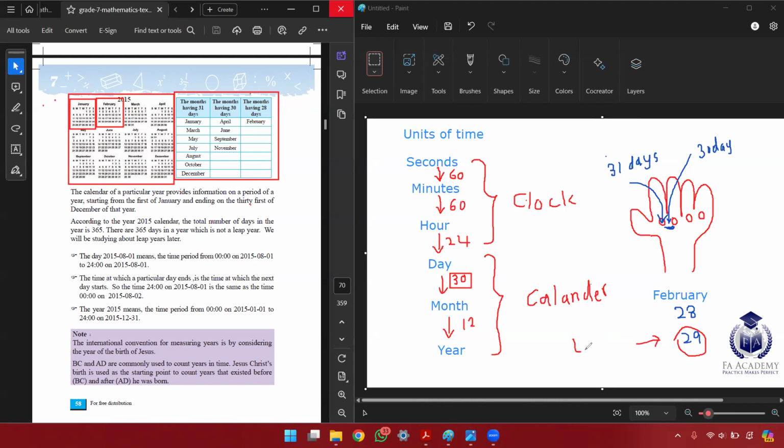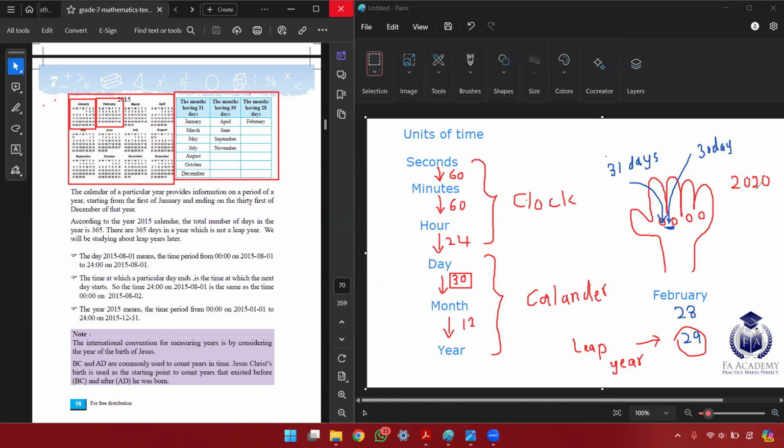So it comes every 4 years. So in order to find a leap year, what you can do is divide the year by 4, and if you don't have remainders, then that's a leap year. So for an example, 2020, you can divide and see.